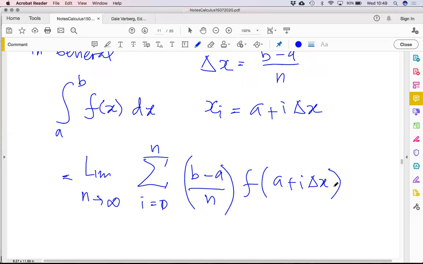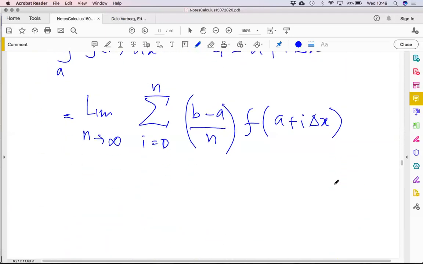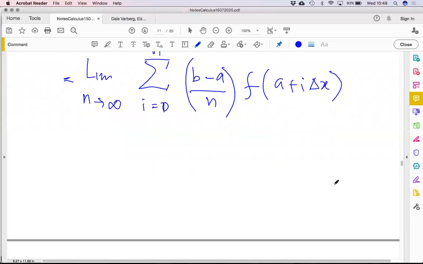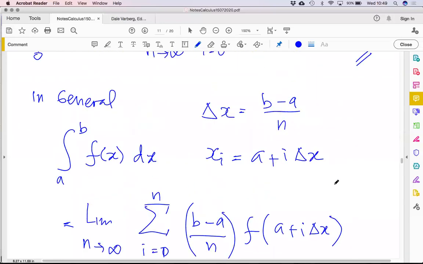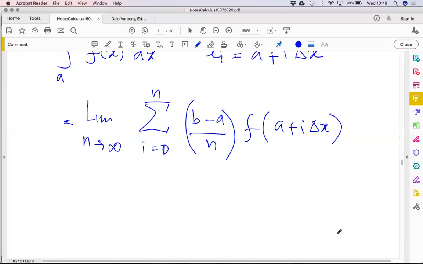Yeah, it depends on what your f is. Okay, so you can try another example later. It will be your exercise for later.